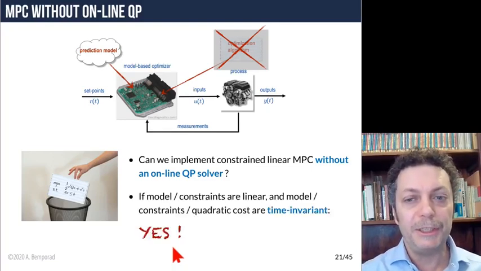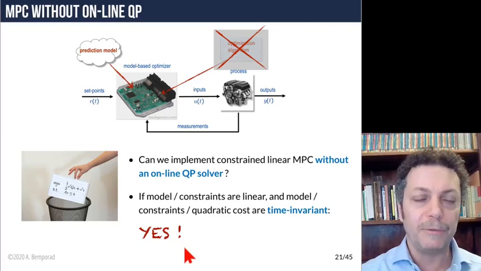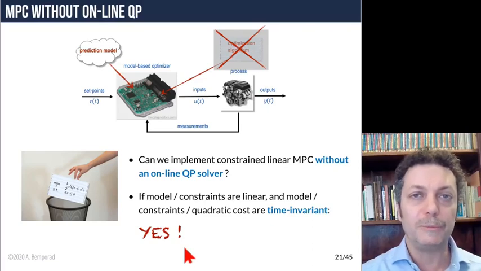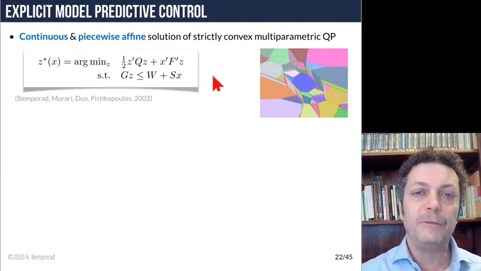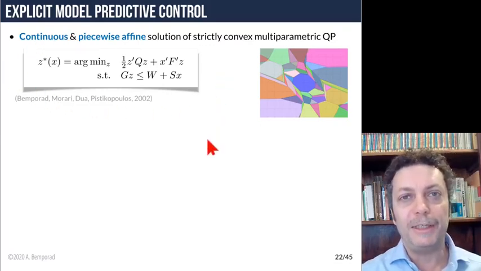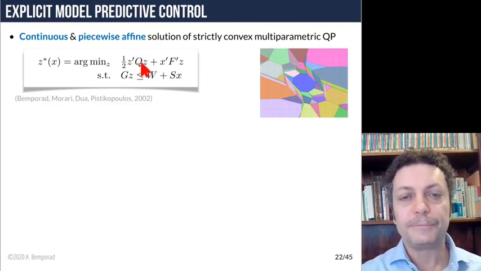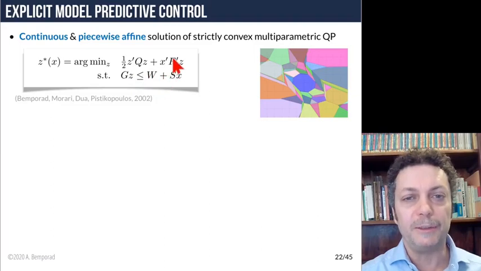If the model is linear, time invariant, and the constraints are linear, and you have a quadratic objective, you can pre-solve the optimization problem offline by solving a so-called multiparametric quadratic programming problem. So in multiparametric programming, the idea is to look at the quadratic programming problem, where if the model is LTI and the cost function doesn't change, the matrices Q and G are constant, as well as these other matrices here.